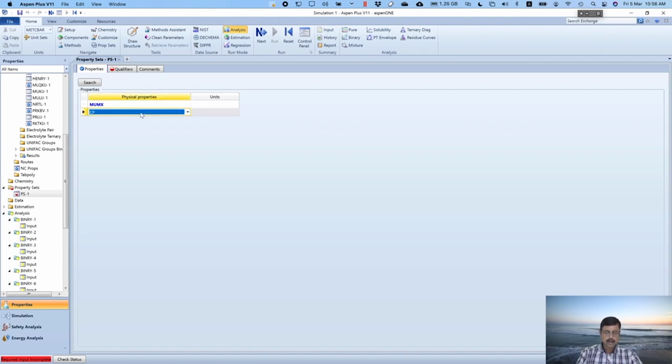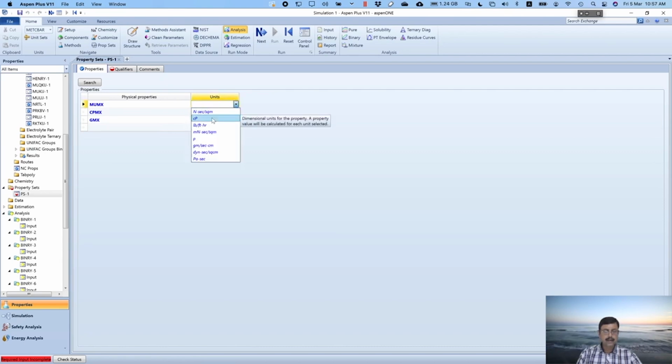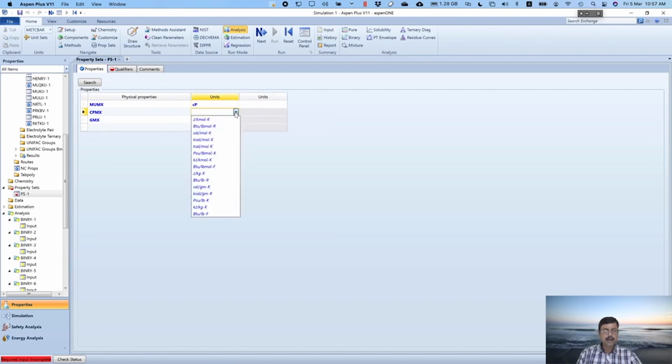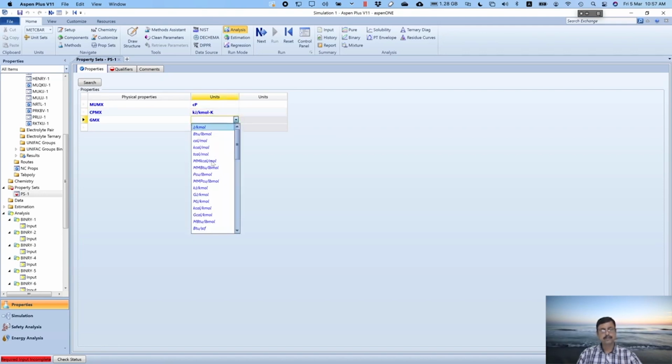And Gibbs free energy of a mixture. So the unit we can choose as centipoise for viscosity, this one as kilojoule per kilomole K, and GMX we can choose, say, kilojoule per kilomole.